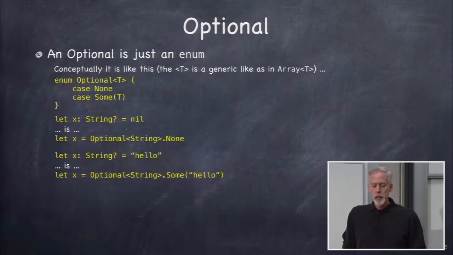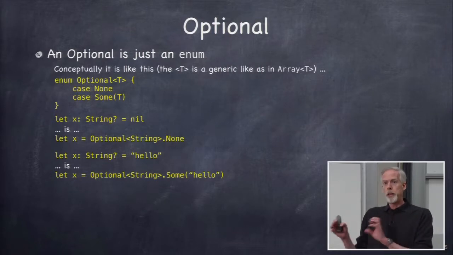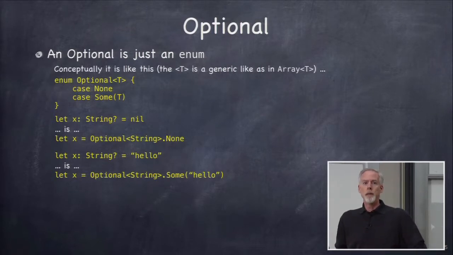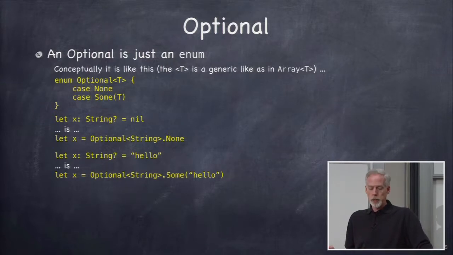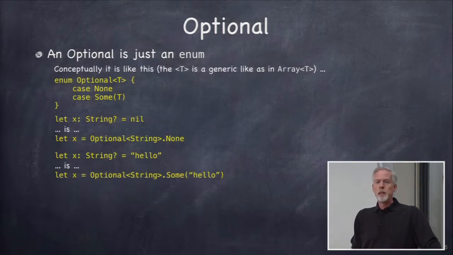Saying x, which is an optional string, equals nil, would just be saying x equals Optional<String>.none. Or if you're setting it to not be none, you would say Optional<String>.some(hello), with the associated value being hello. Does that make sense? So optional is actually super simple.